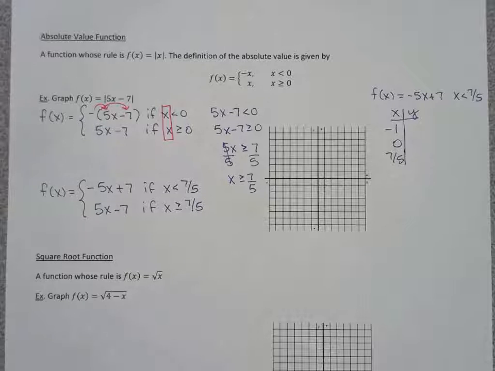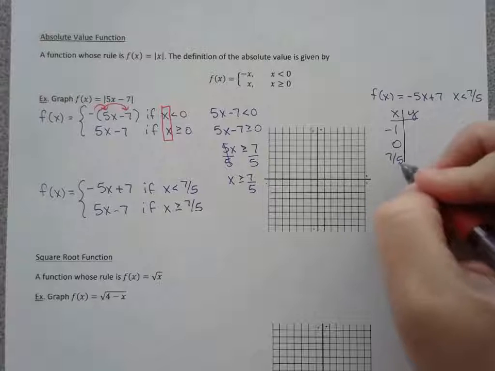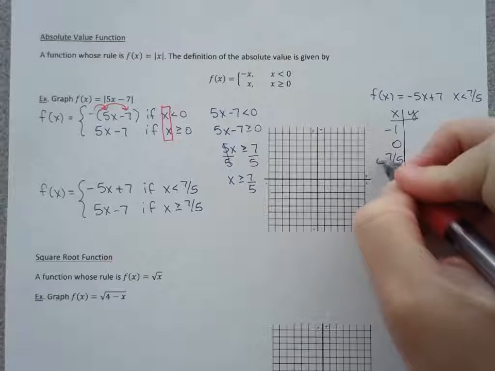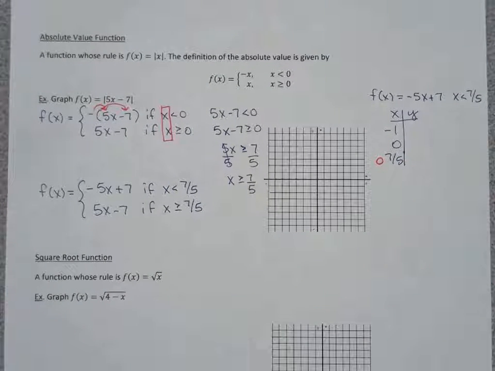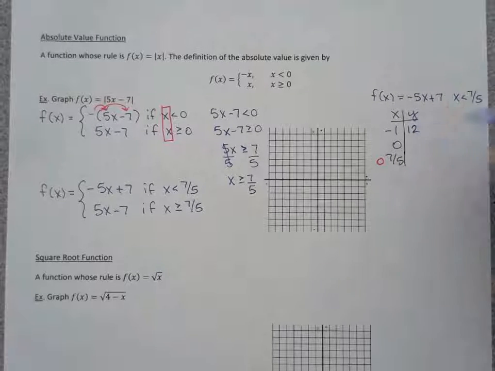Of course, I'm not including the point that 7/5 is, so I'm going to have an open circle right there for right now. I'm going to substitute in negative 1. So we have negative 5 times negative 1, which is a positive 5, plus 7 gives us 12. Then we'll substitute in 0.